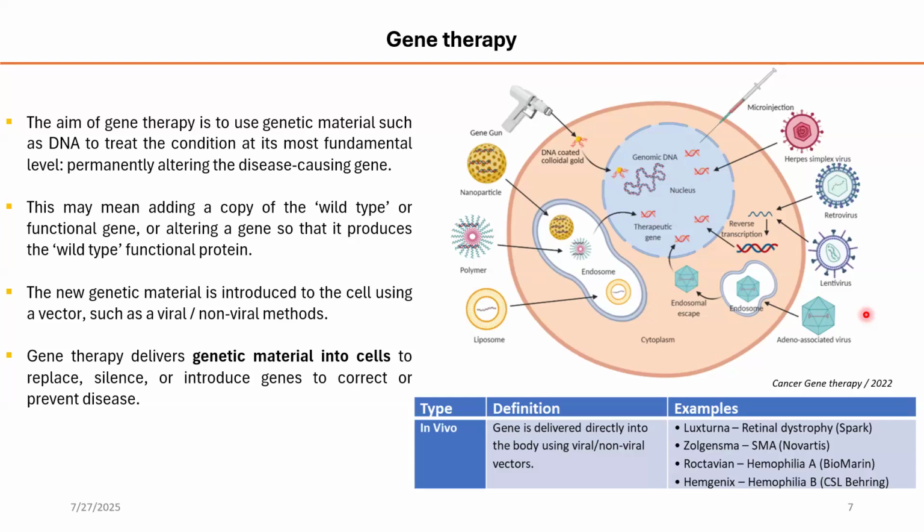Before, you also had less efficacy because they bound to all kinds of cells. But now they have engineered capsids, where the virus has capsids which are very specific to the tissue type you need. Okay. Thank you.